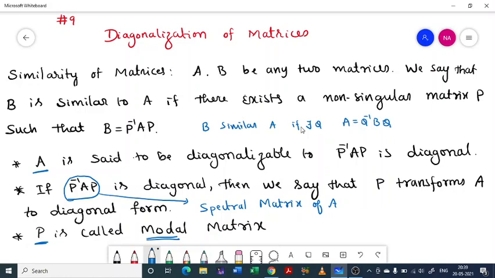Spectral means the collection of eigenvalues of A. So whatever diagonal matrix you get from P inverse AP will be the matrix whose diagonal entries are the eigenvalues of A. So if A is a given square matrix with eigenvalues lambda 1, lambda 2, up to lambda n, and it is diagonalizable, then P inverse AP must be a diagonal matrix whose diagonal entries are the eigenvalues of A.